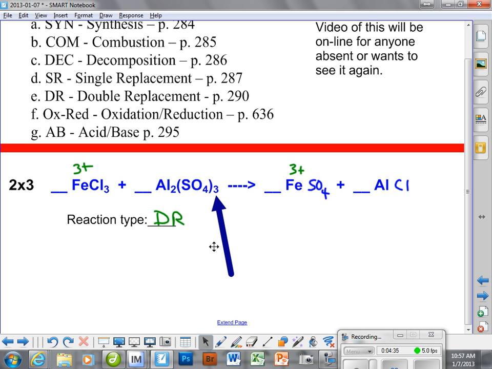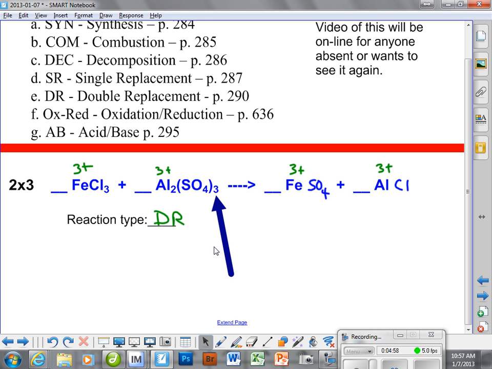We could also figure aluminum as 3 because he is in column 3 on the periodic chart, and that would give him an automatic 3+. So charges don't change as we go from one side to the other. And this guy is a 3+.